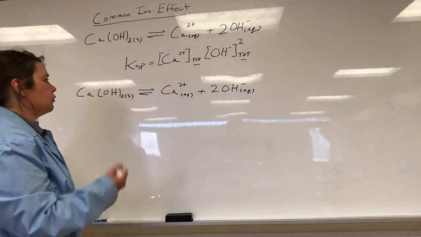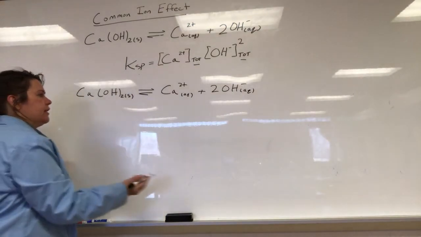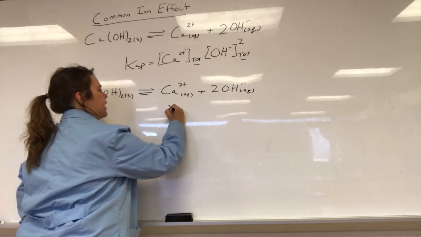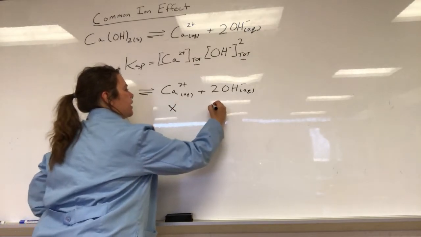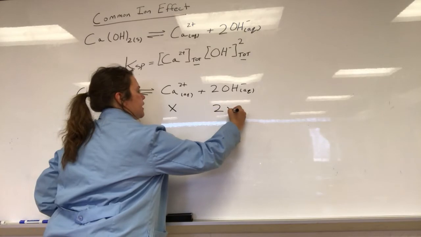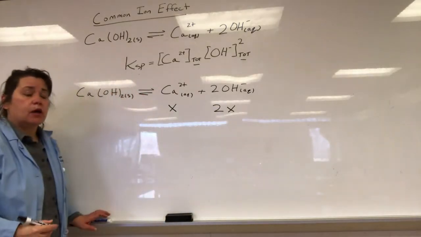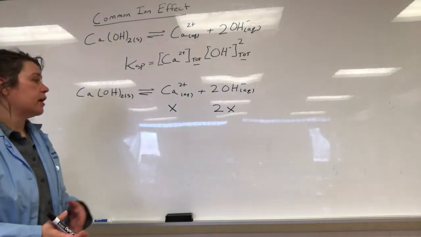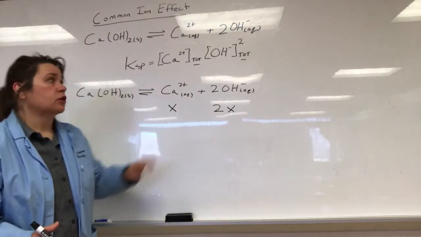Now, if we are in pure water, we would see that the calcium ion concentration would be expressed as x, and the hydroxide ion concentration would be expressed as 2x. But if we're not in pure water and there's an outside source of a common ion, we would see a different occurrence here.